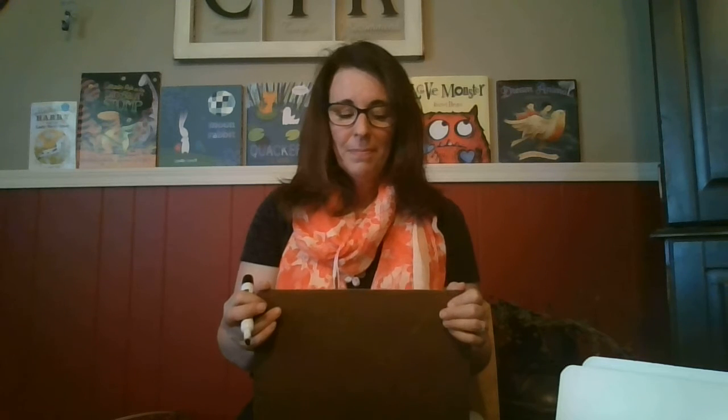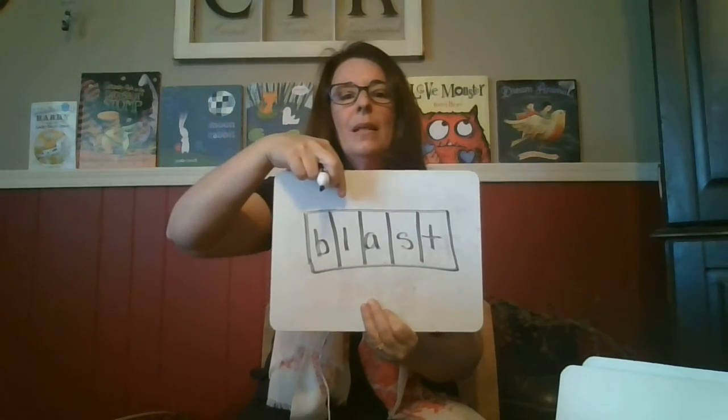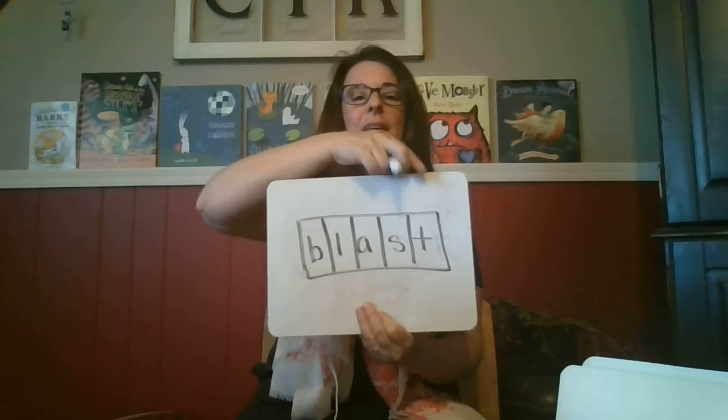Did you beat me? I'm done. I'm waiting for you. I'm reading mine again. I'm going to say the sounds in my head. Check your work. B, L, A, S, T.